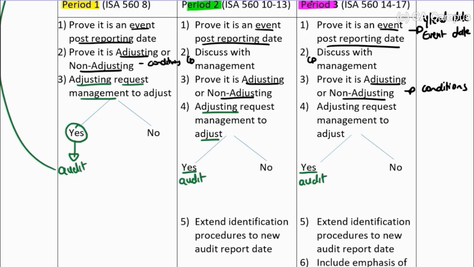Once I've audited, I then need to see if it is correctly recorded, or if it's incorrectly.